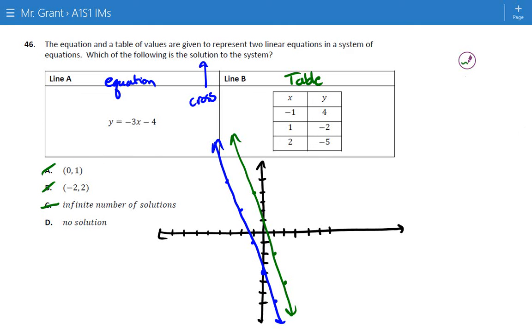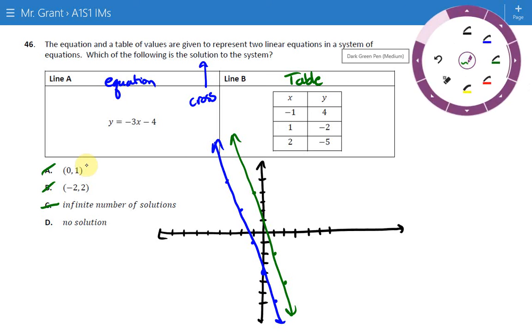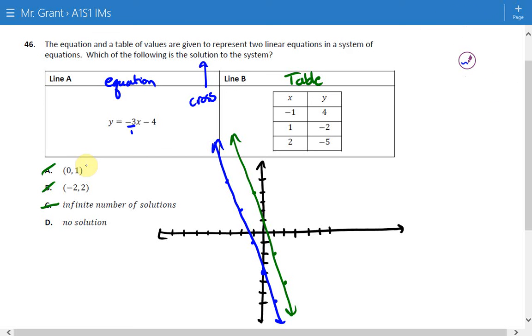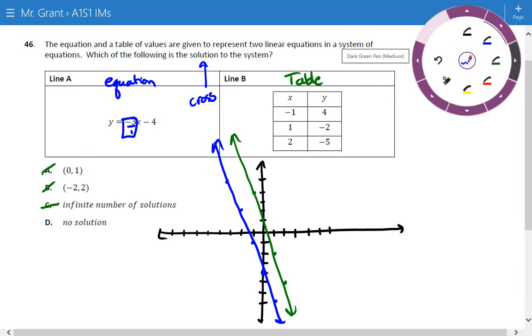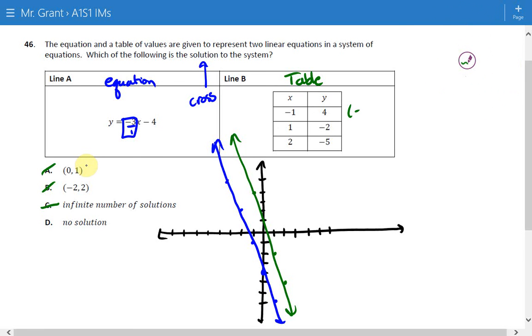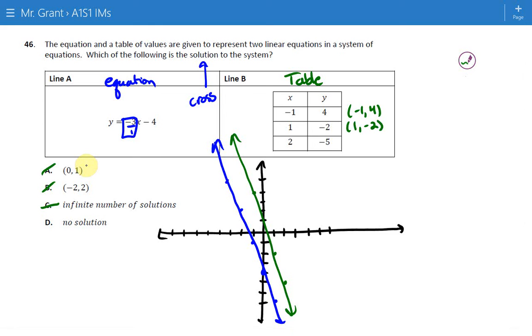Well, we can prove it by looking at the slope of each line. We know the slope of my blue line is -3 over 1. Let's find the slope of my table. And to find the slope of a table, let's think about these points, -1, 4, and 1, -2. I'm going to use our slope formula that's given to you in your formula sheet at the beginning of this, and it's just the difference in the y's over the difference in the x's.